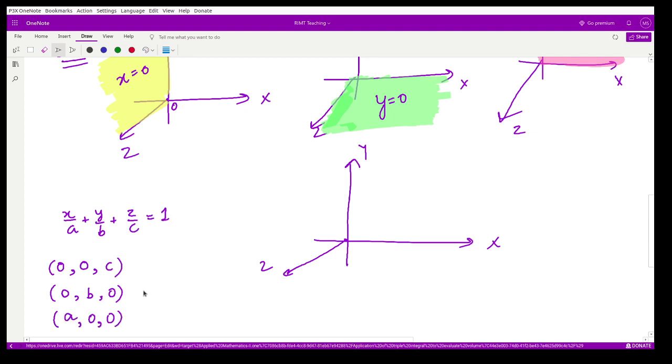So that means it will pass through all these 3 points. Let me draw it here. Suppose here this point is at a distance a, this point is at b distance, and at this point we have c distance. So your plane passing through all these 3 points would be something like this, right?